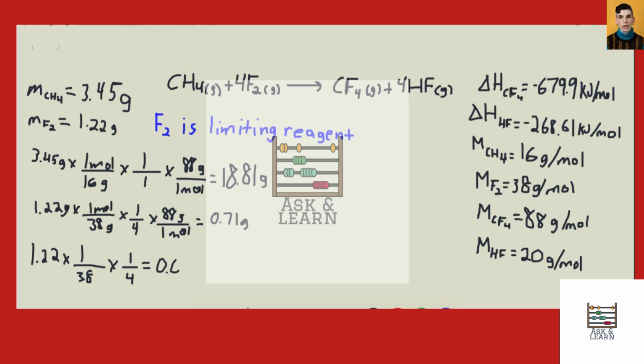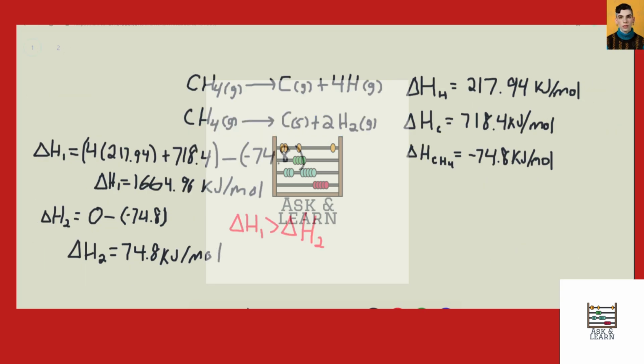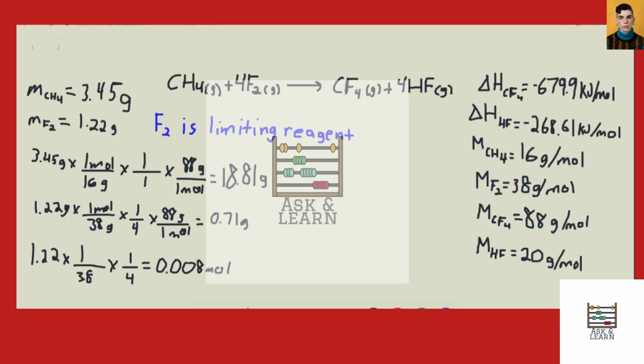That's 0.008 moles. Now we're going to multiply this by our delta H value. First, we need to calculate the standard delta H of reaction.